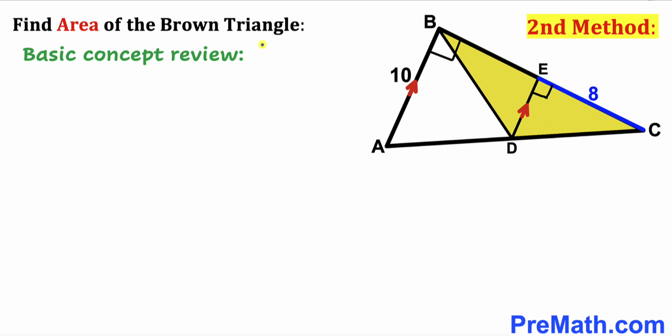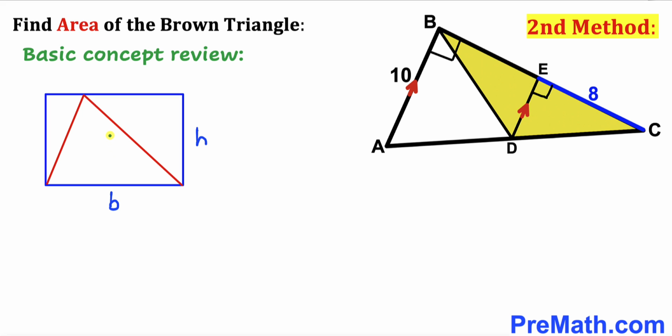Let me go over the basic review once again. Here let's focus on this red triangle inside this rectangle whose base is lowercase b, and the height is this whole h. And here let's consider another triangle, the black one, whose base is lowercase b as well, and the height is lowercase h as well.